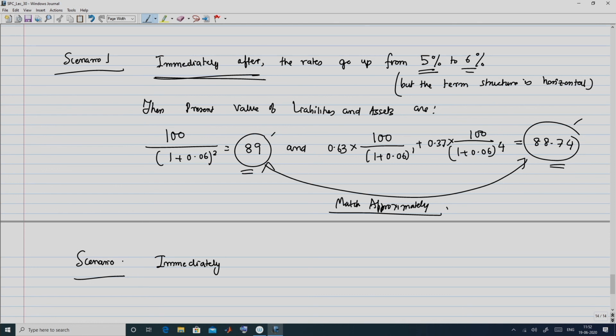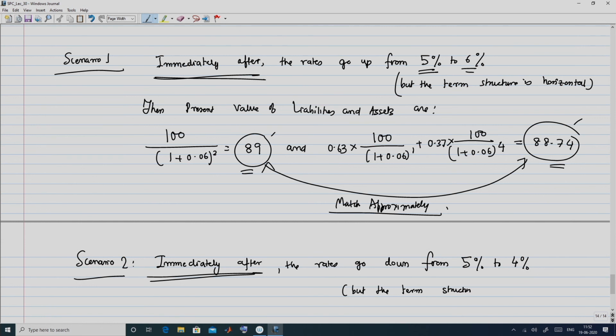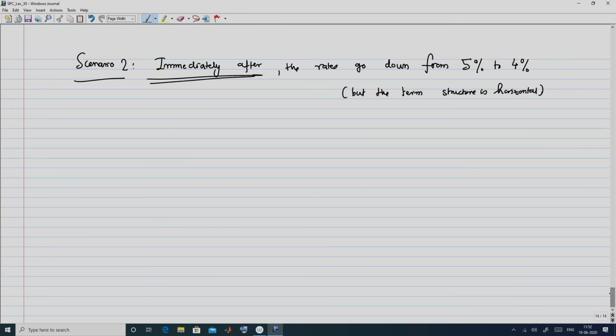The assumption is that immediately after, the rates go down from 5% to 4%, but as before, the term structure is still horizontal. So now instead of 5% being the interest rate for all maturities, it is now 4%.